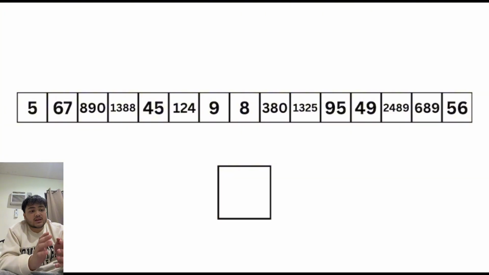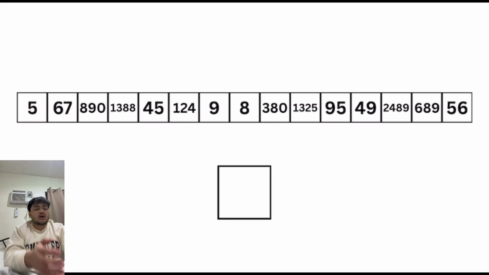And then when we look at 67 and 890, it's still in the proper position since 67 is smaller than 890. And when we look at 890 and 1388, it's still in the correct position since 890 is smaller than 1388.